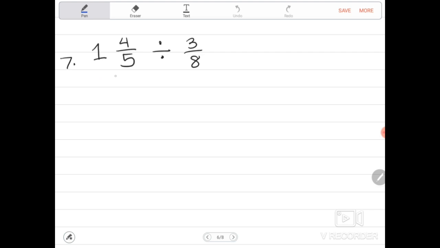So we will be having 9 over 5 divided by 3 over 8. So we change the mixed fraction into improper, then get the reciprocal, change the operation into multiplication. It will give us 9 over 5 times 8 over 3.